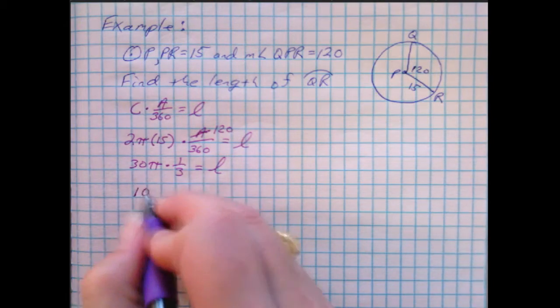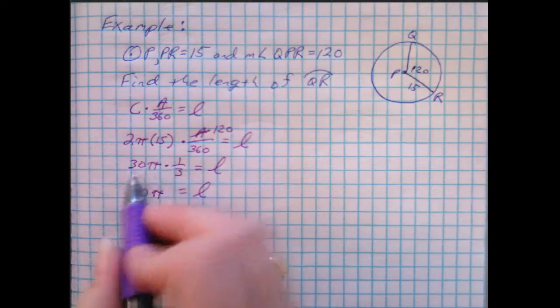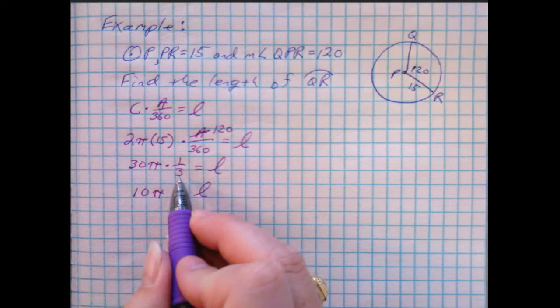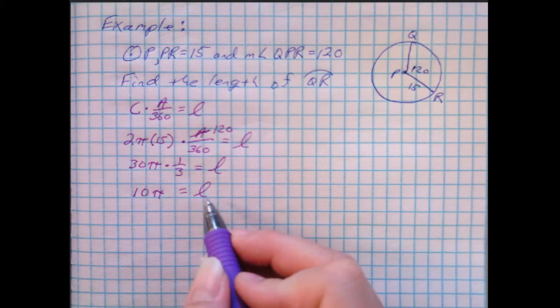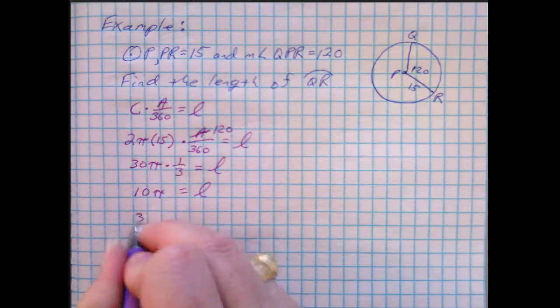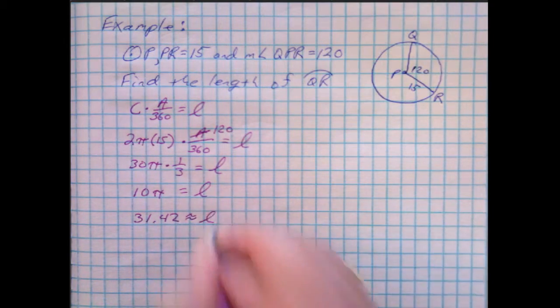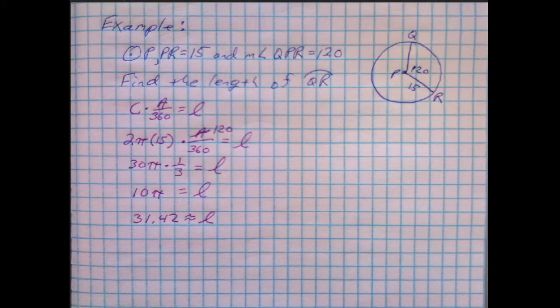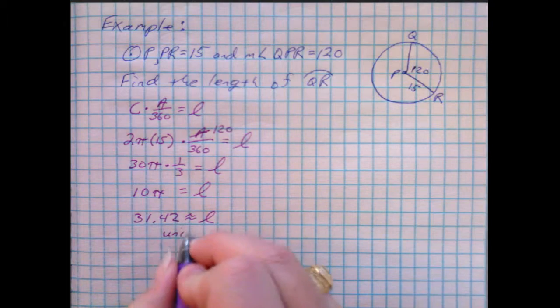So I have 10 pi equals L. My 30 and my 3, I can reduce that. 30 divided by 3 is the 10, so that's where I got my 10. 10 pi equals L. If you want to go ahead and plug that in, you can get an approximation. We would get 31.42 is approximately the length of L. And since we don't have centimeters, meters, anything like that, we'll just call this units.